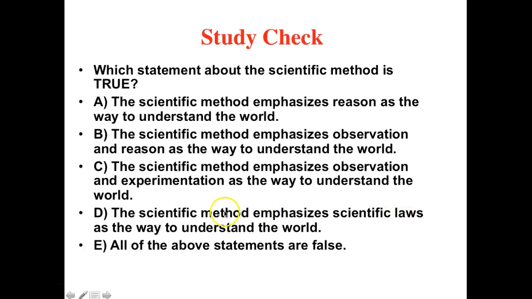But it automatically doesn't look at just determining scientific law, all right? So this would be inaccurate. So C would be the best answer as a true statement for scientific method.